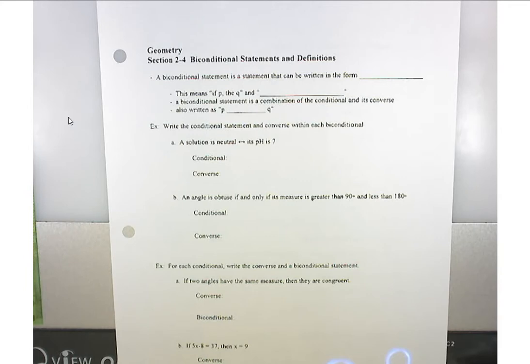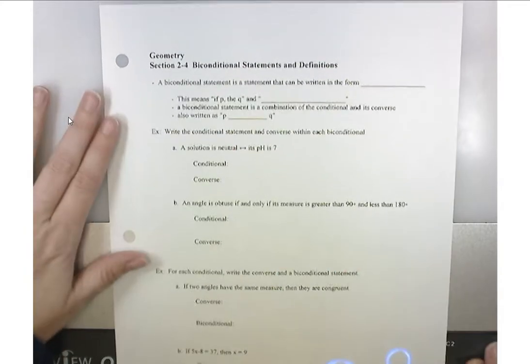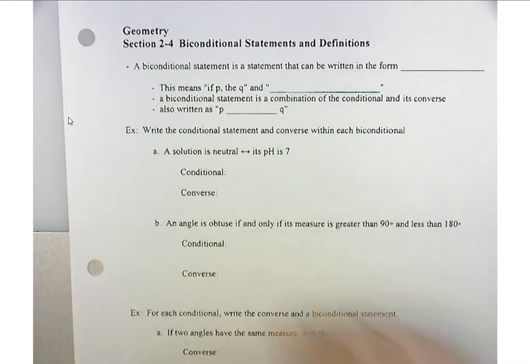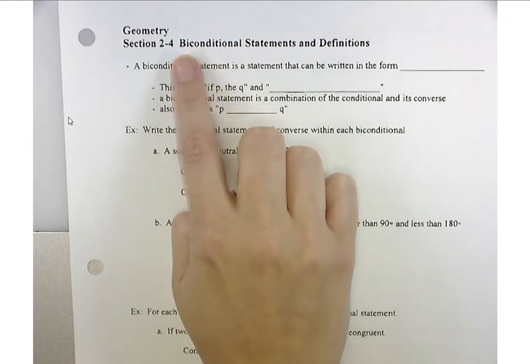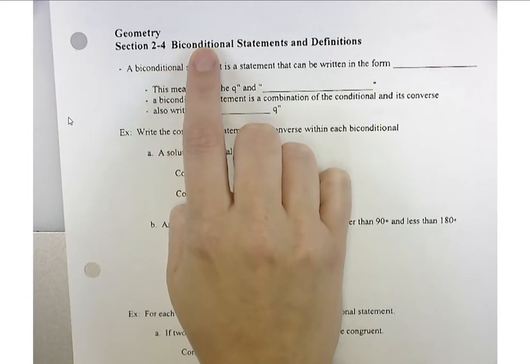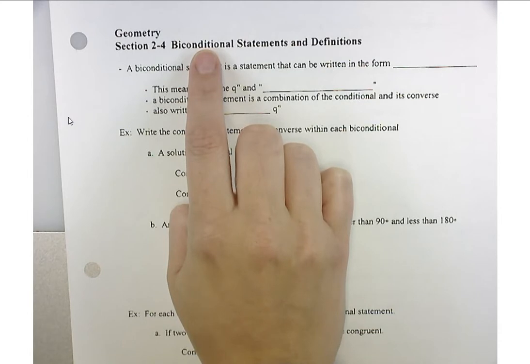Conditional statements and definitions. Okay, and you will want your highlighters out. So by conditional statements, maybe you notice that by conditional, the main root of that word is what? That's the prefix, right? So conditional is the main word.